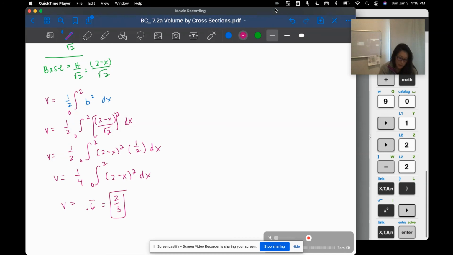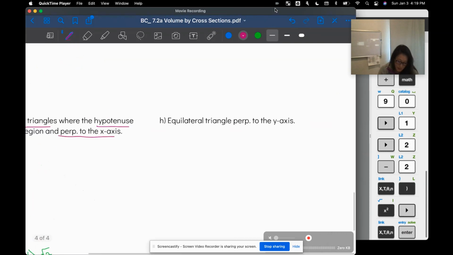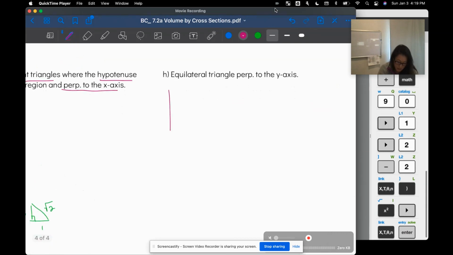All right, last one. I know this is long, sorry. So same bound for our base, okay? And this time we're going to make equilateral triangles that are cut perpendicular to the y-axis.